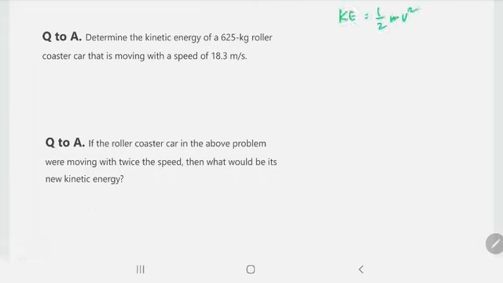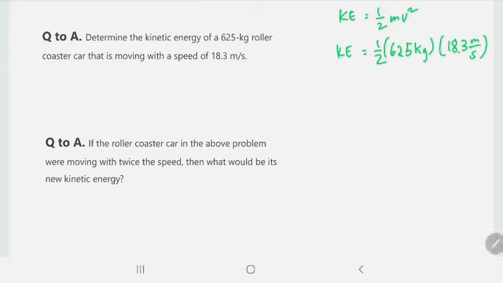1/2 mv squared. Determine the kinetic energy of a 625 kilogram roller coaster. Speed is 18.3 meter per second. So if we compute this, put that in your calculator. 0.5 or 1/2, 625, 18.3.